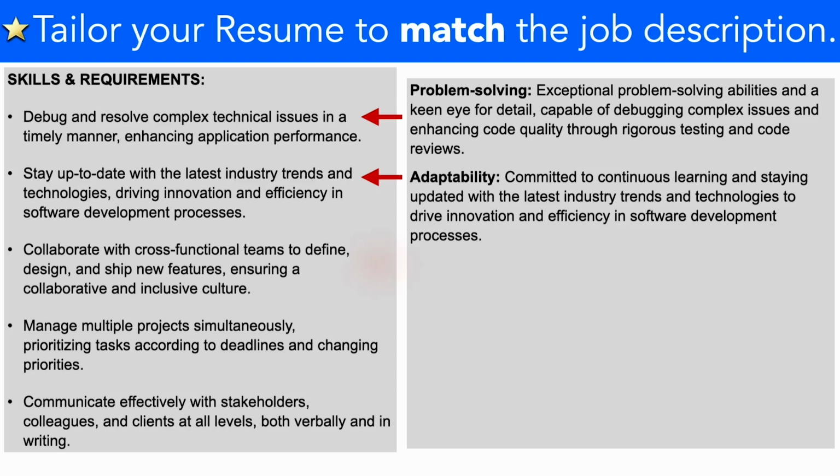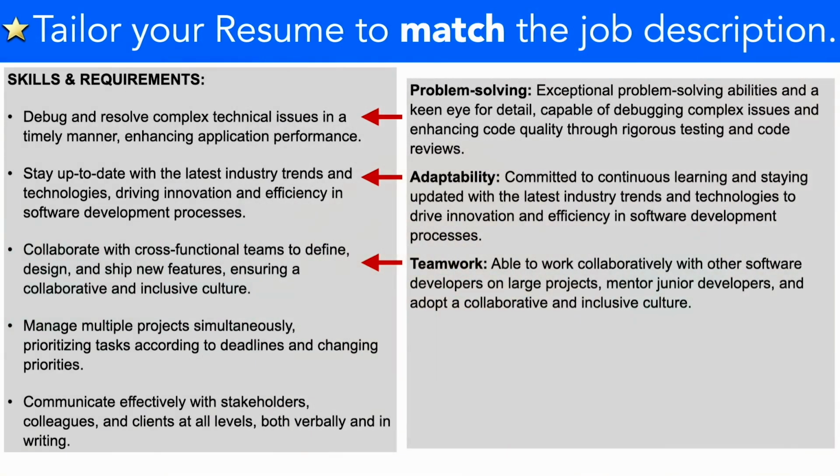Below that, you can see that this company, like most, wants someone who can collaborate well with others. So on your resume, under a skills and qualities section, which I'm going to go through with you in a minute, you may say something like this: teamwork, able to work collaboratively with other software developers on large projects, mentor junior developers, and adopt a collaborative and inclusive culture.